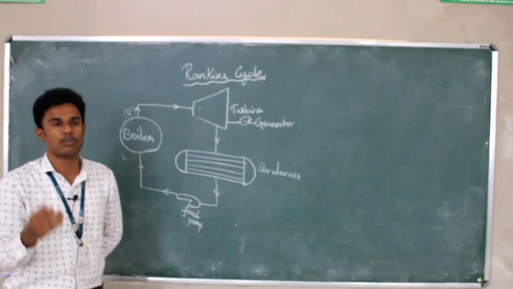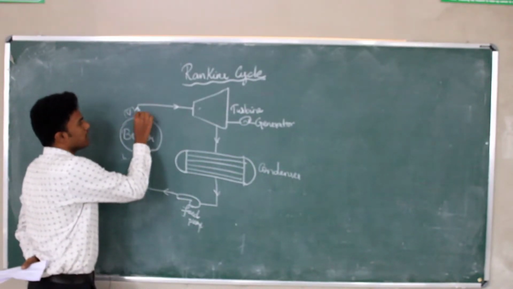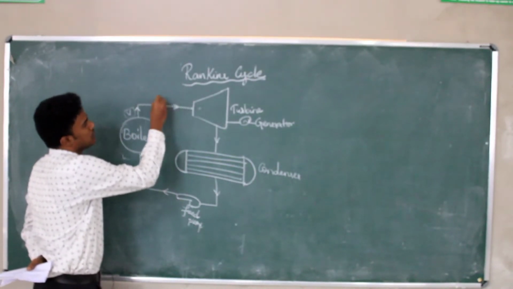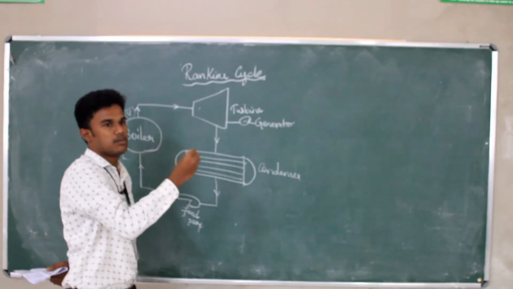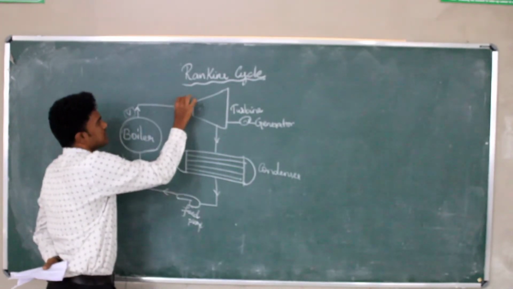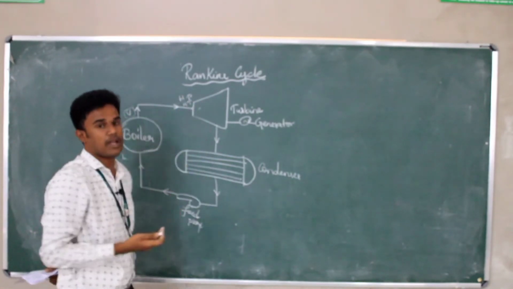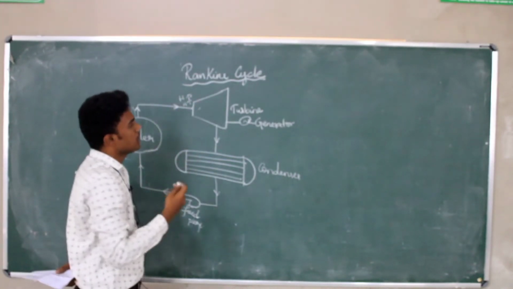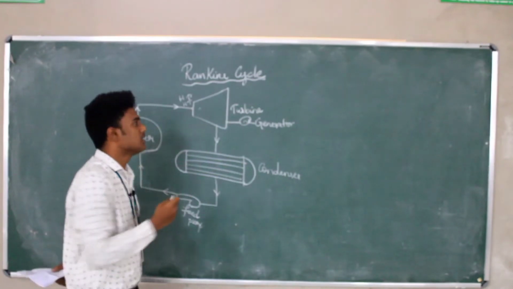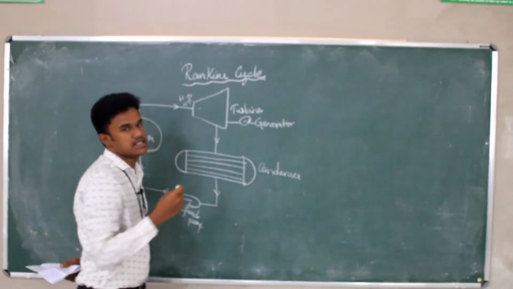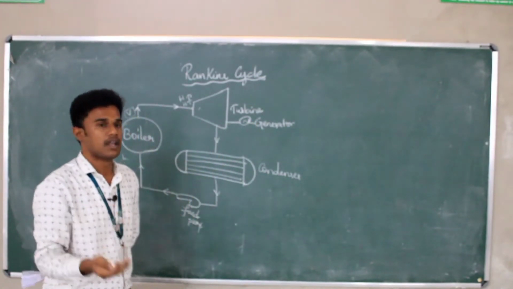Here the superheated vapor is formed and sent to the turbine. At the turbine, the high pressure, high temperature vapor hits the turbine blades. The blades rotate and are directly coupled with the generator, where the power is produced.